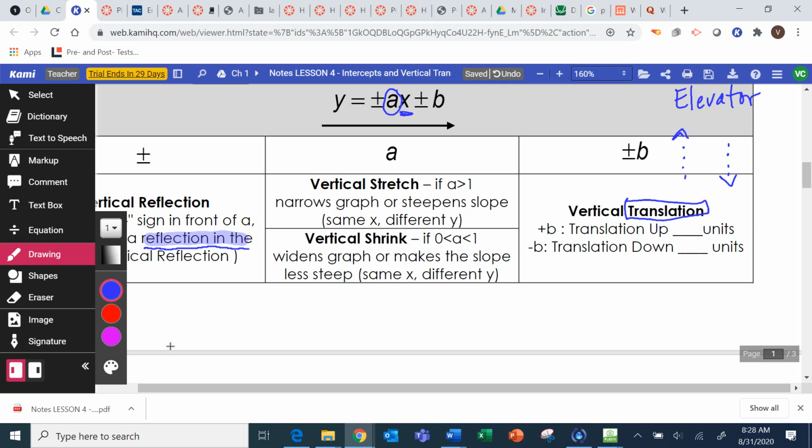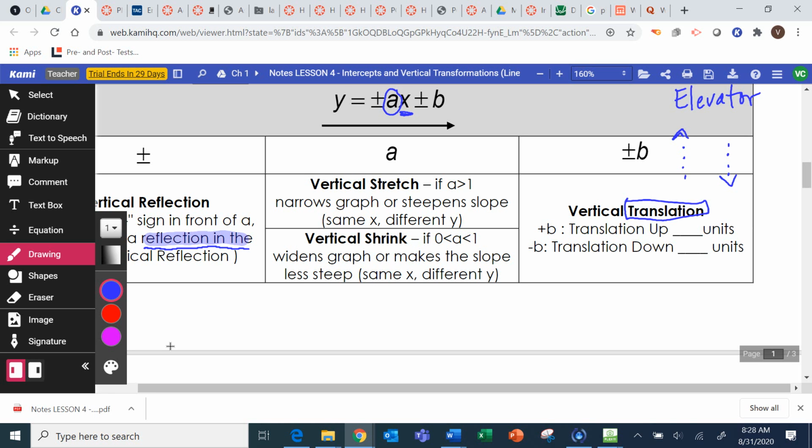If it is less than 1, it is a shrink. If it is greater than 1, it is a stretch. Those are common sense words. Stretch, bigger. So 1/3 is our number. Is that going to be a stretch or a shrink?